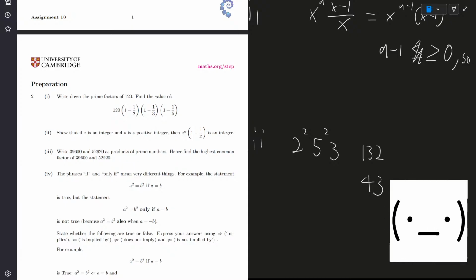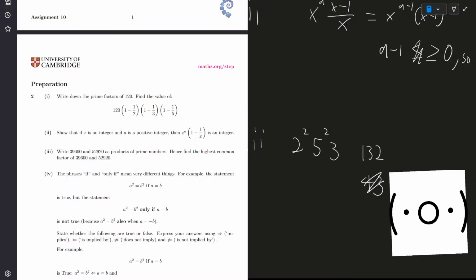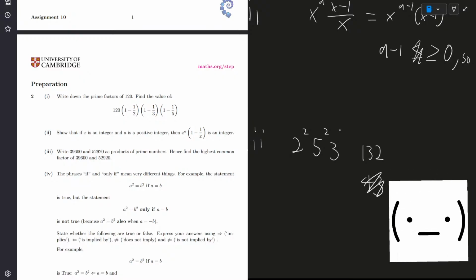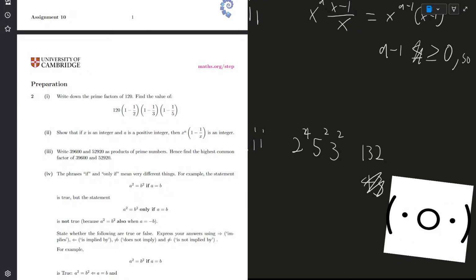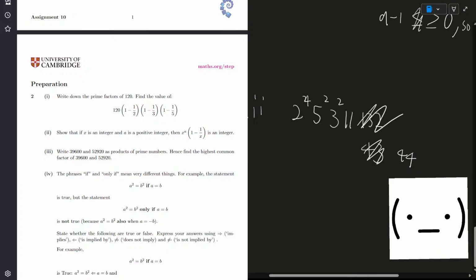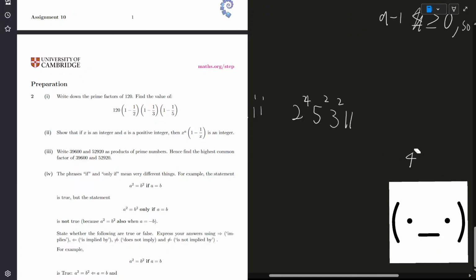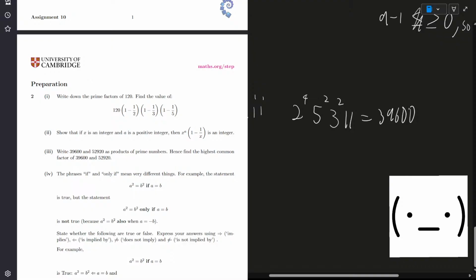Is it? Depends. No, it's 44. It's 44. So 44 means that 2 is a factor 4 times, and then the final one is 11. So cleaning that up, it turns into this.